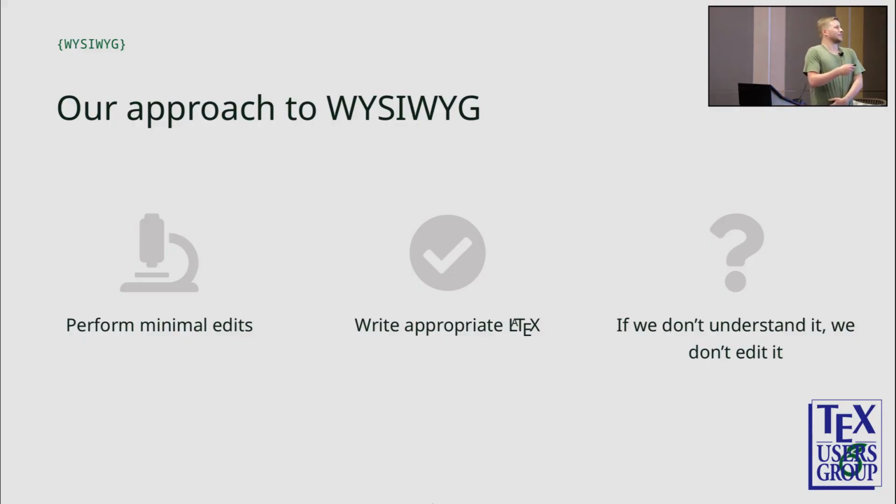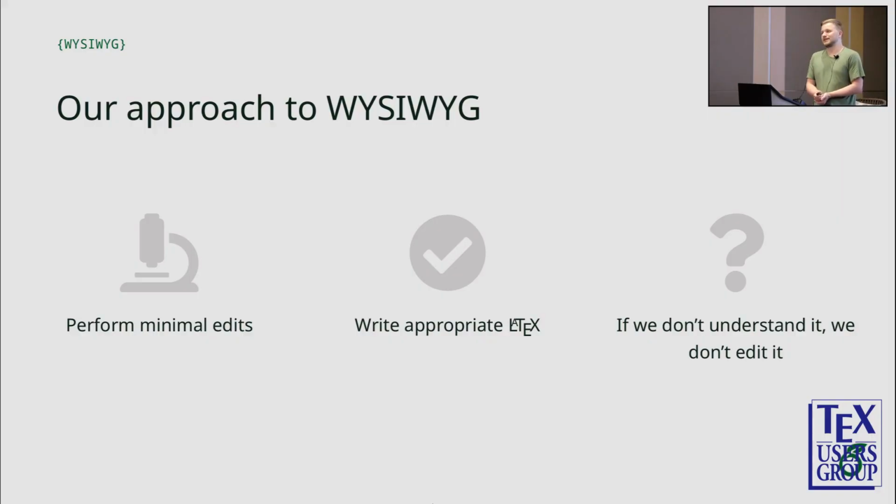Same thing, we want people to be able to coexist between the two editors, so if one is writing in the source code and one is writing in the visual editor, then we don't want one to mess up the code for the other. The second thing that we're going for is writing appropriate LaTeX.